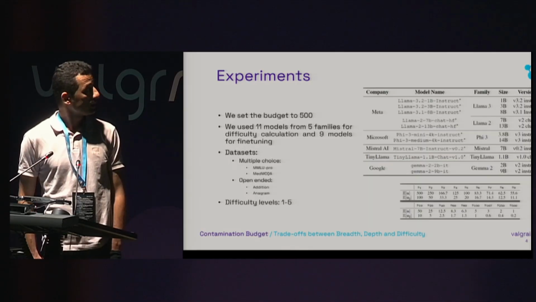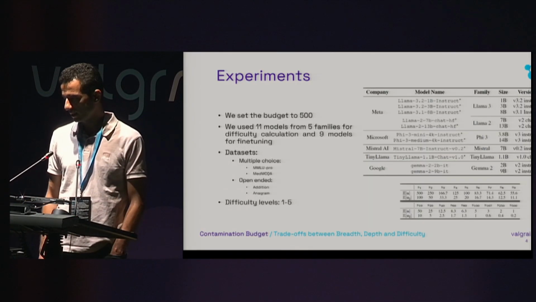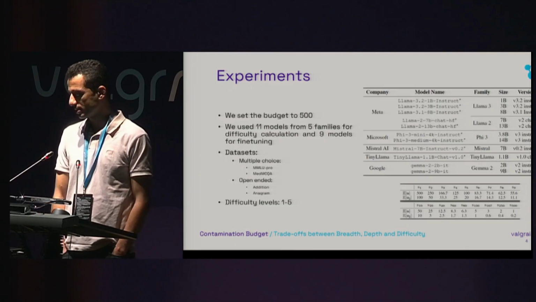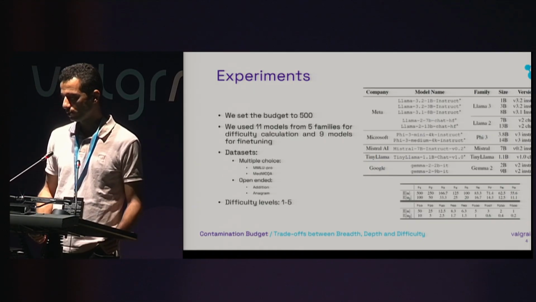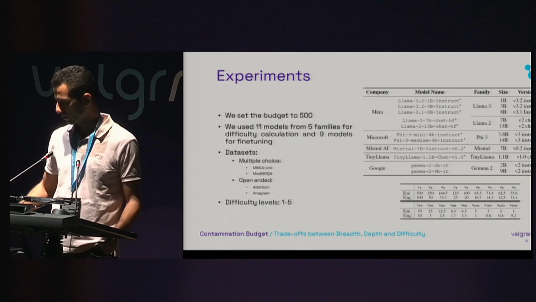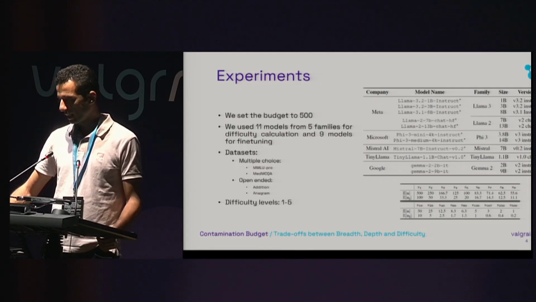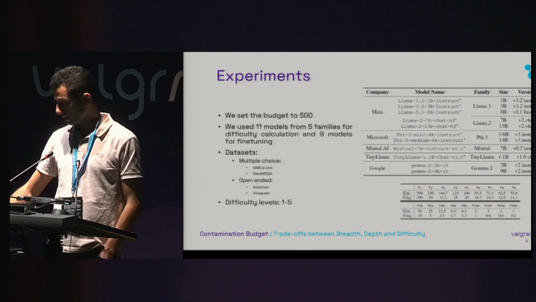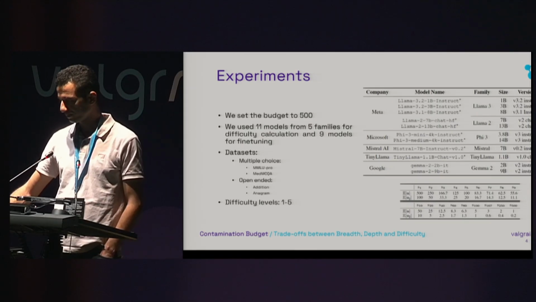So we set the contamination budget to 500, and we trained 9 models from different families. We used 4 benchmarks, 2 of them multiple choice questions and 2 of them open-ended ones. And we calculated the difficulty of the items from level 1 to 5, 5 being the most difficult.